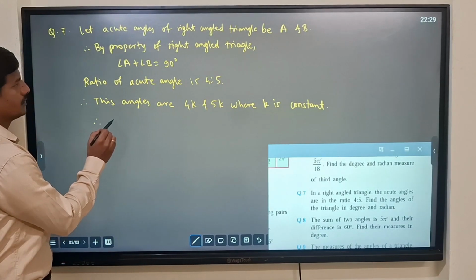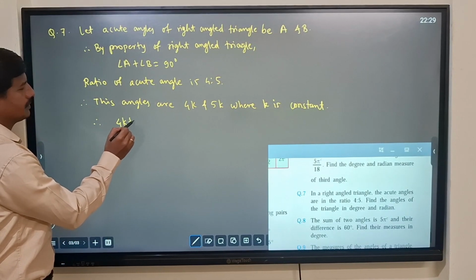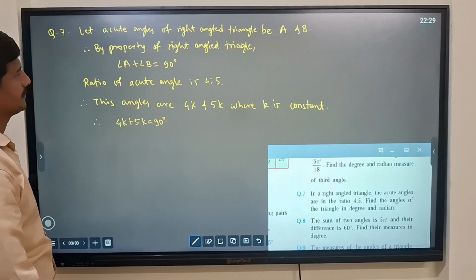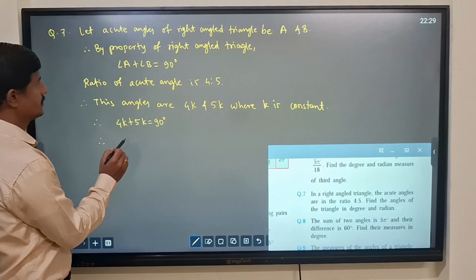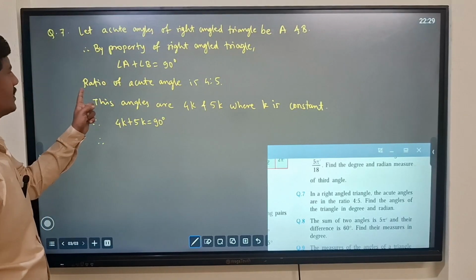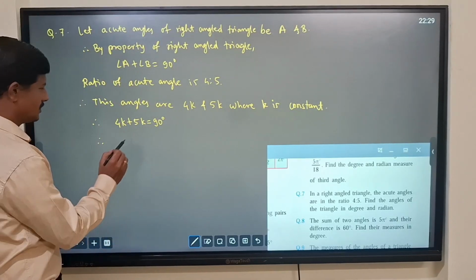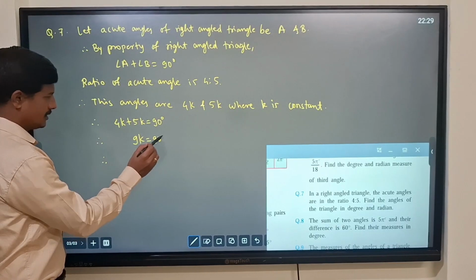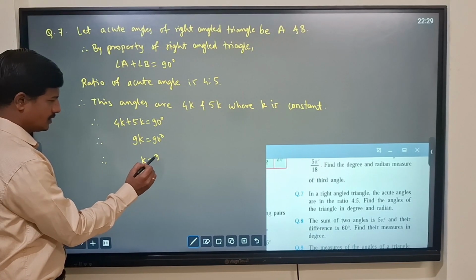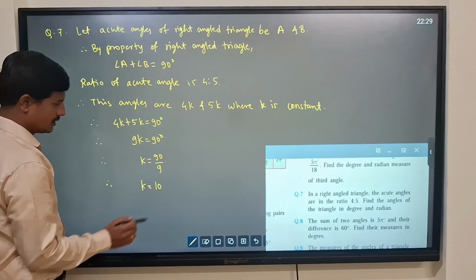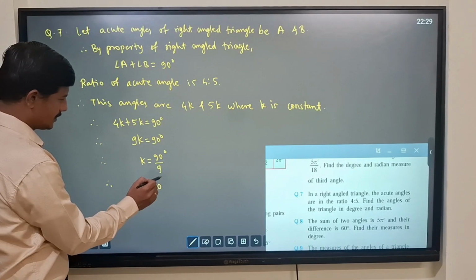Therefore, 4K plus 5K is simply 90 degrees. You can start your answer from here also. This becomes 9K equal to 90 degrees. Therefore, K equals 90 by 9. Therefore, K is equal to 10 degrees.